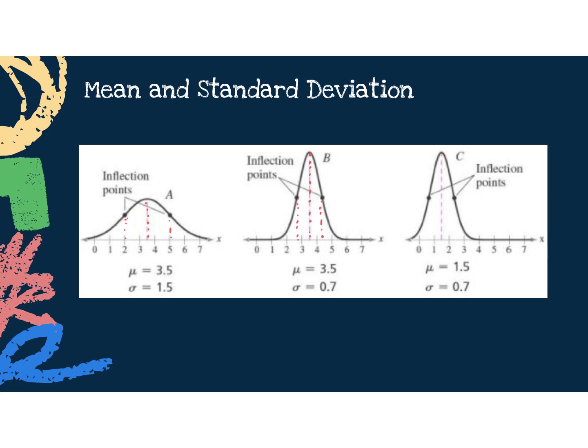Graph B and graph C have the same mean and the same standard deviation, so they have the same shape, but the mean is lower on graph C, so it's just further down the number line.